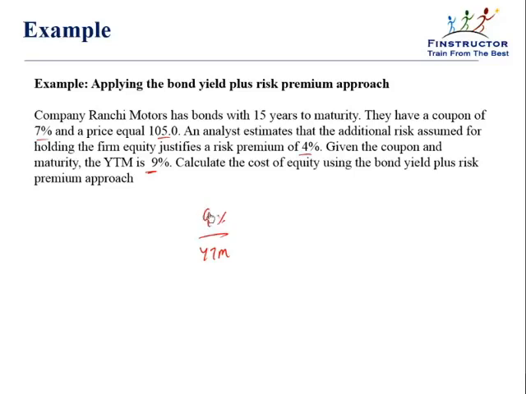So if I invest in the company's equity, it has to be at a premium. If the equity is giving you less than that, you are better off investing in the bond. So the 4% is the estimated risk premium that equity deserves, and the required return on equity using the bond yield plus risk premium approach will be 13%.